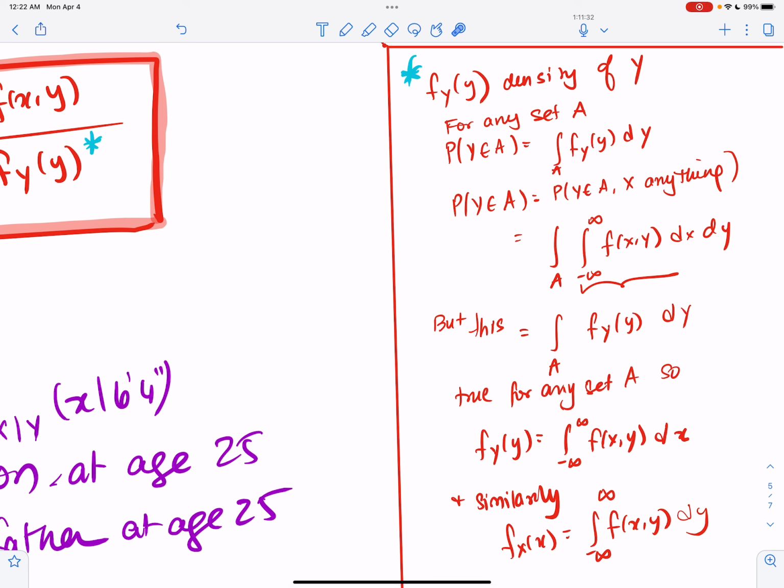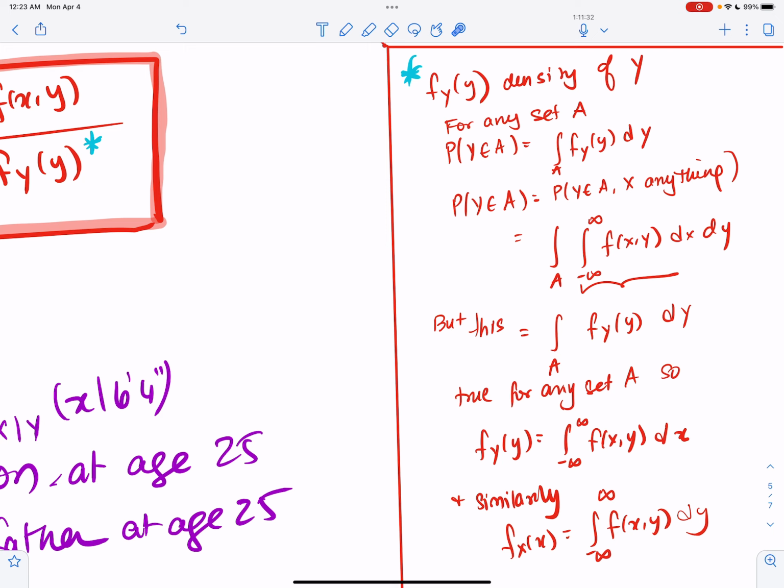It's a recap. Suppose you have that f sub y is the density of y. Then for any set A, the probability y is in A comes from integrating the density of y. Now, let's put this in the scenario of not just the random variable y, but x simultaneously.